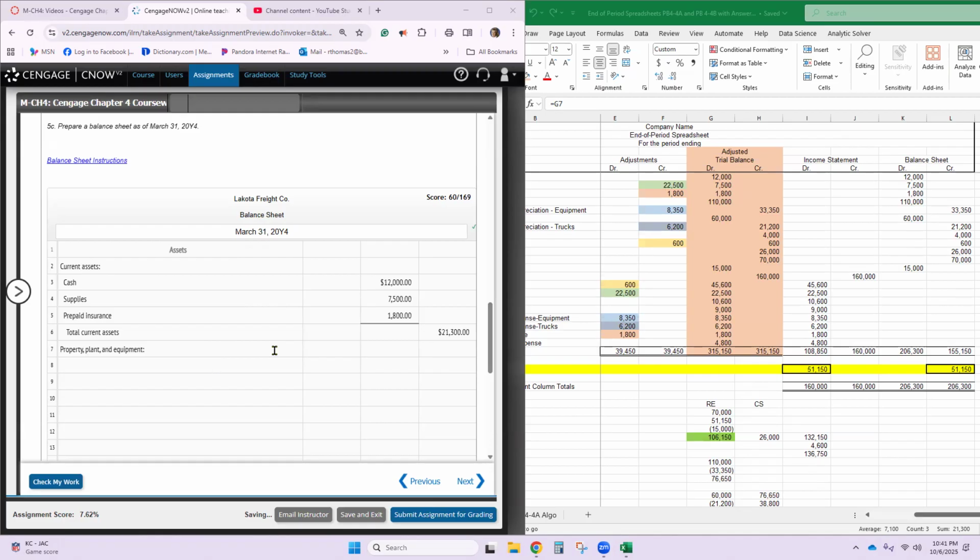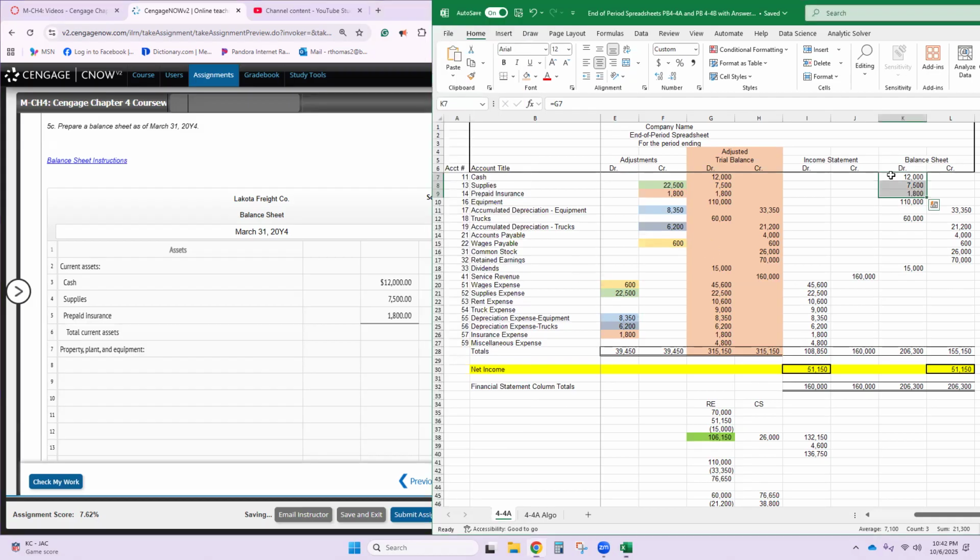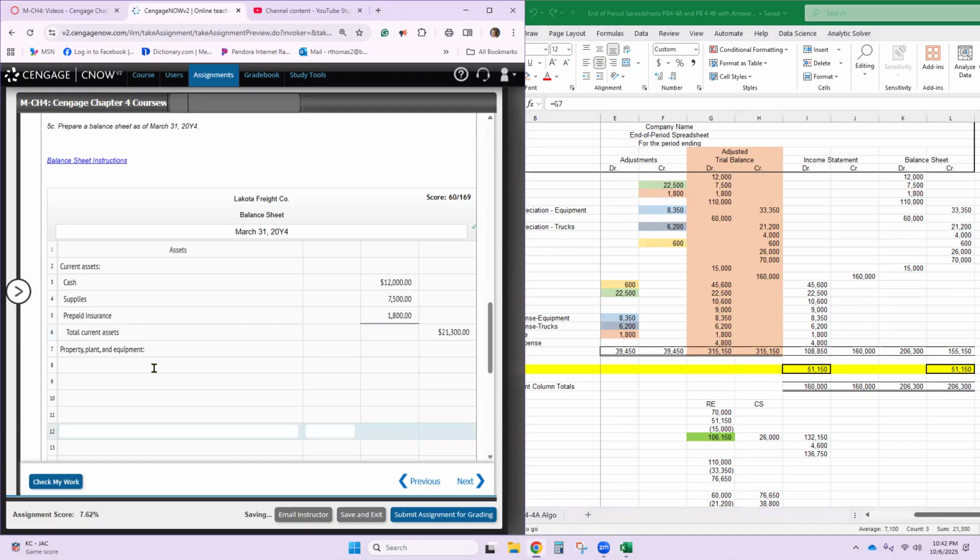We've put in all of our current assets, and they total $21,300. That would be these three right here. If you highlight those, you can see that the sum shows 21,300 without even having to do a calculation. All right, the next thing is equipment.